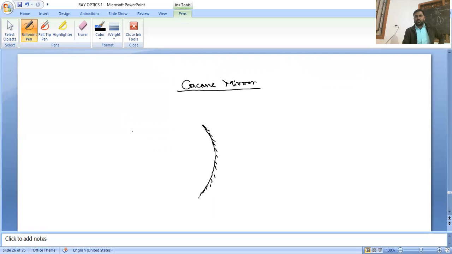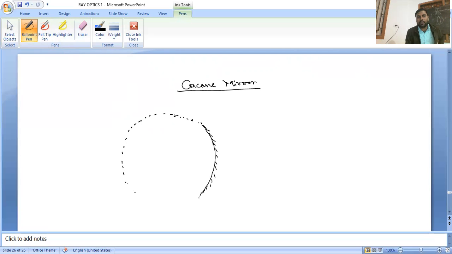As I have told you, this is a cutting section from a hollow sphere. It seems like it is a part of this sphere which I am making with a dotted line.